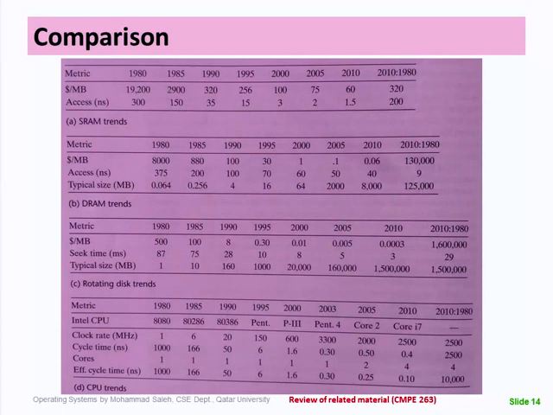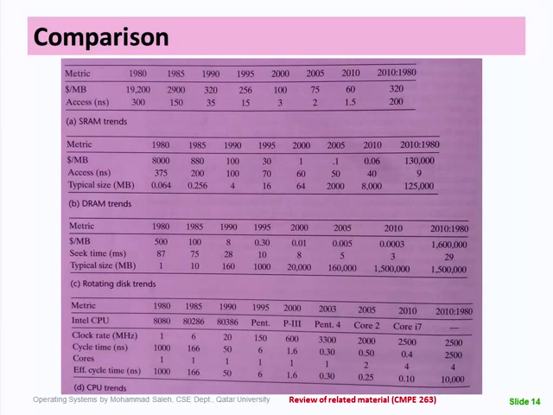So we have SRAM here, we have DRAM, and we have even the rotating disks, the external devices we call secondary storage devices, like disks. And the CPU itself. The most interesting thing, so this data is captured from 1980 to 2010. The most interesting column here is the last column.